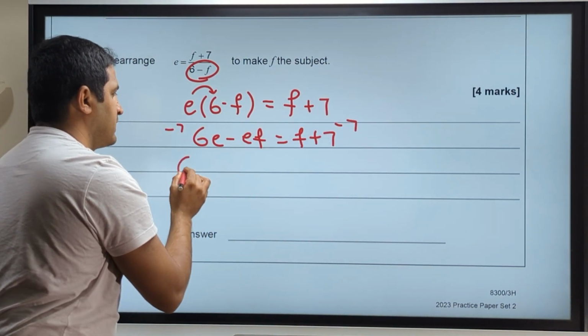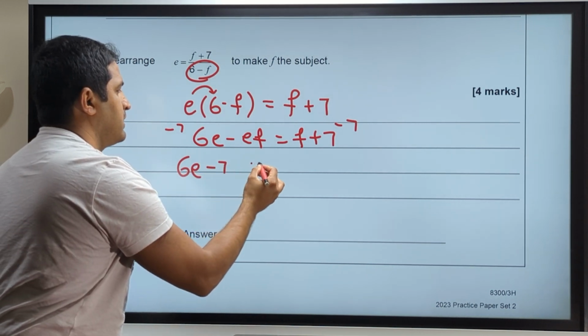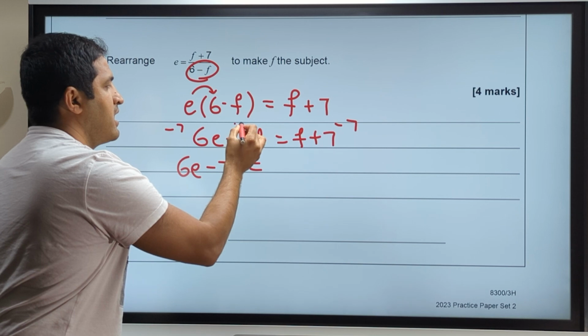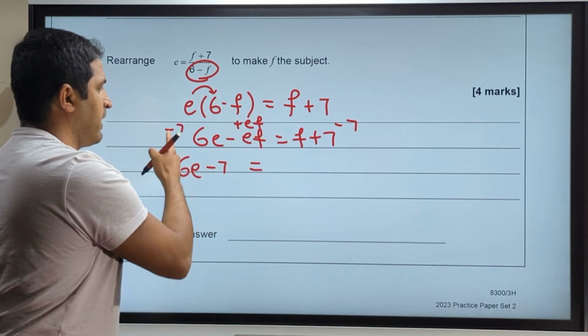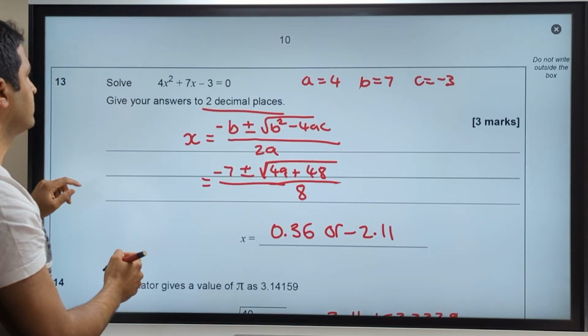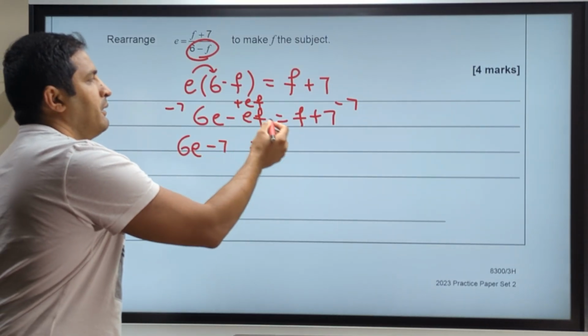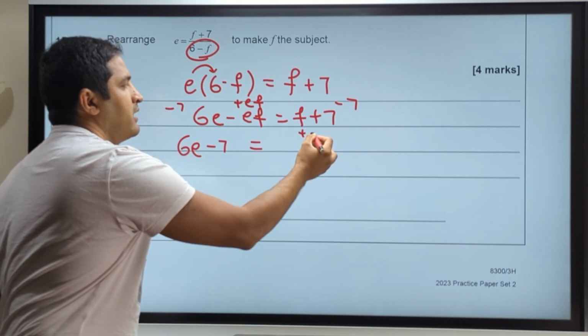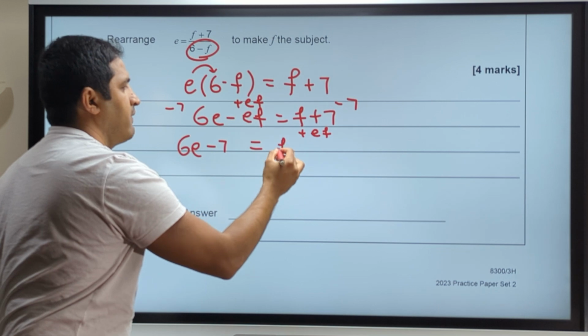So we get 6e minus 7, which is equal to, and I'm going to add ef on both sides. That gives you 0 on the left, leaving 6e minus 7, and on the right, adding ef gives you f add ef.